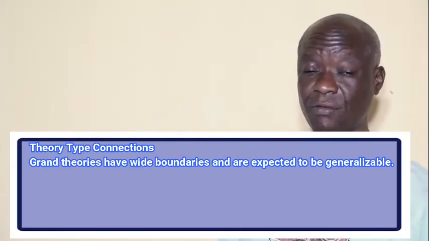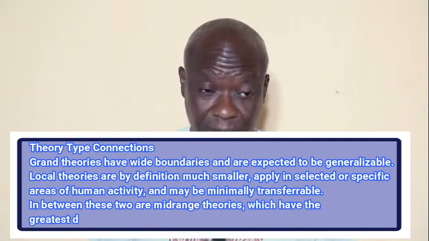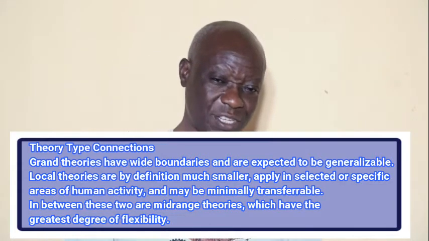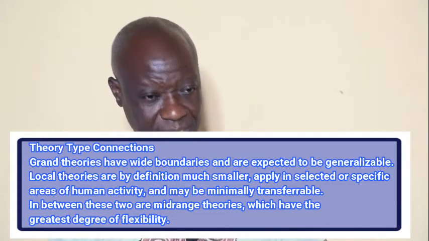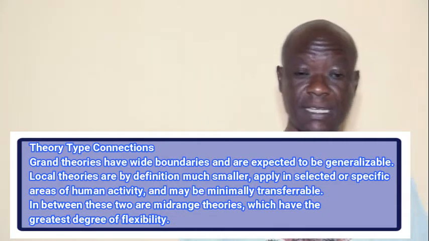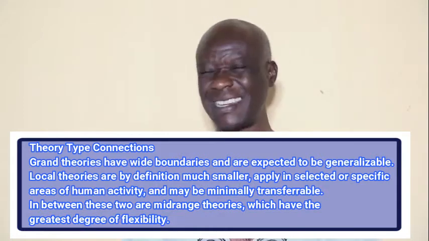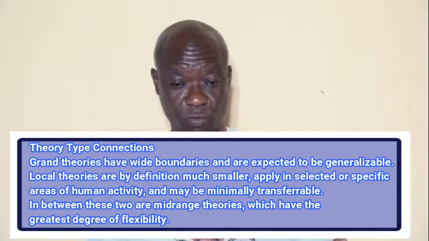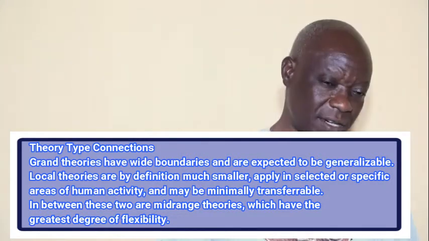For example, grand theories have wide boundaries and are expected to be generalizable. Local theories are by definition much smaller and apply in selected or specific areas of human activity and may be minimally transferable. And in between these two are mid-range theories which have the greatest degree of flexibility, ladies and gentlemen.